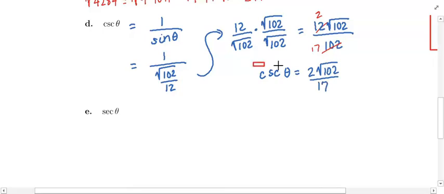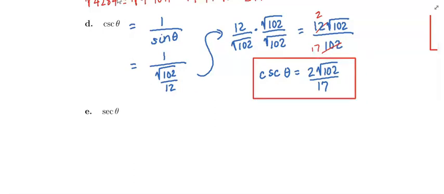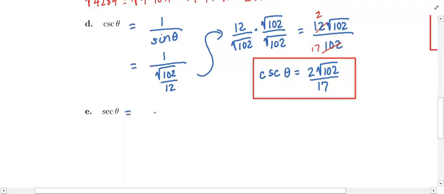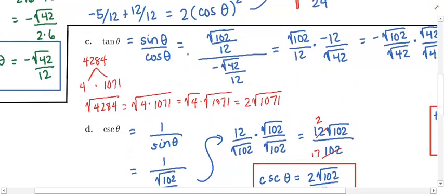Okay. All right, couple more trigonometric functions of theta. Moving on to the secant. My fundamental identity is that secant of theta is 1 over the cosine of theta. And so I'm just going to go up to part C and grab the cosine. We wrote down that the cosine of theta is negative square root of 42 over 12.